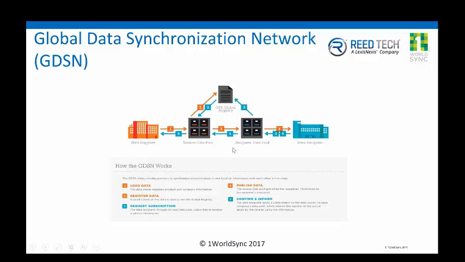Okay, so that data then flows to the recipient. The recipient data pool is grabbing that data from the GDSN and then sending it on to the data recipient. And the data recipient can then do whatever they want with that data.